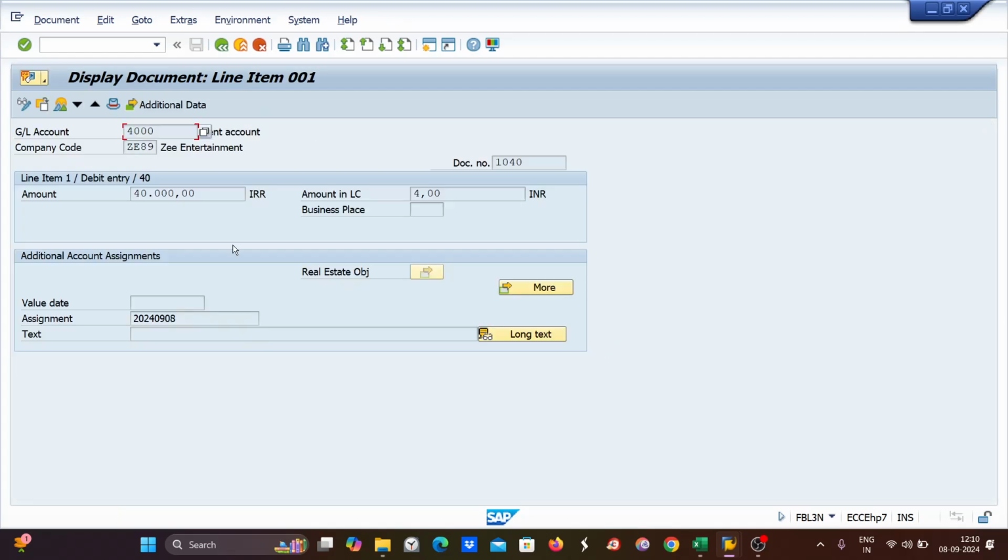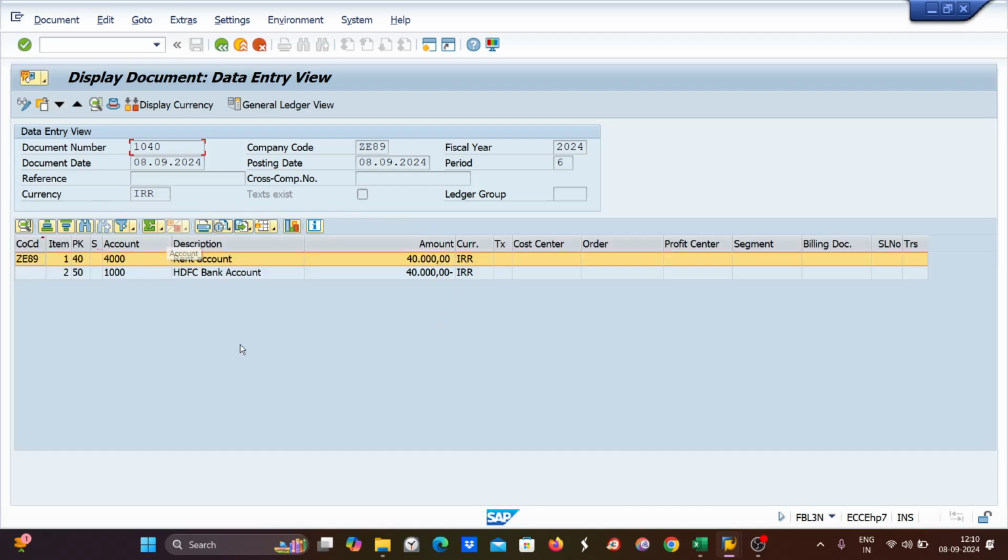Just double click on it. Here is the call-up document. Just check. This is the entry in terms of foreign currency. If you want to see in Indian currency or local currency, just click on this display currency, and now it is converted into our local currency.